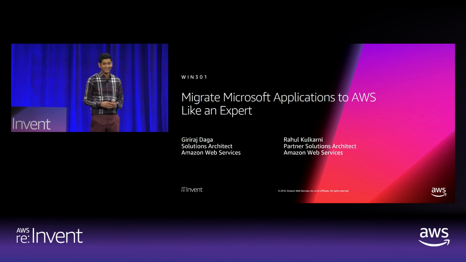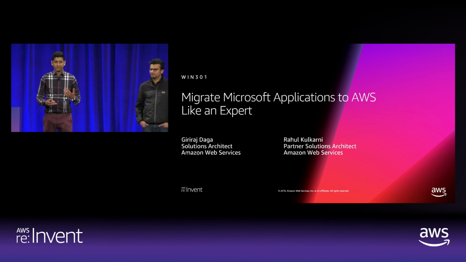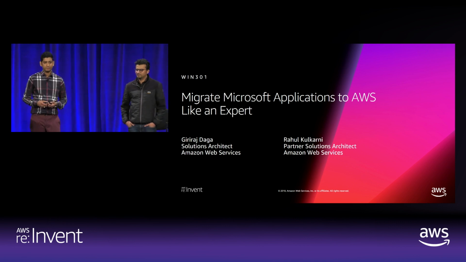A lot of change. I'm joined here with my colleague and friend, Rahul Kulkarni. We both work out of Bangalore. I support mostly the large enterprise customers in India, and Rahul works mostly with partners, our GSIs. So collectively, we have worked together with our customers and partners, building applications, deploying applications on AWS, and Microsoft application just happens to come up quite a lot.